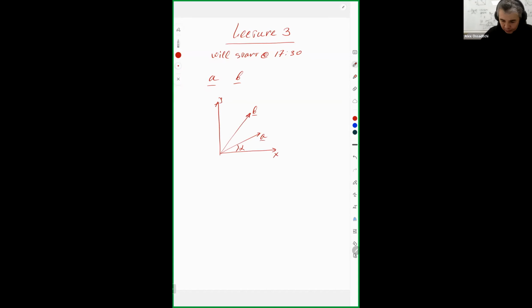Vector B makes angle beta with the x-axis, and what we will be mostly interested in is this angle gamma that is created by vectors B and A.